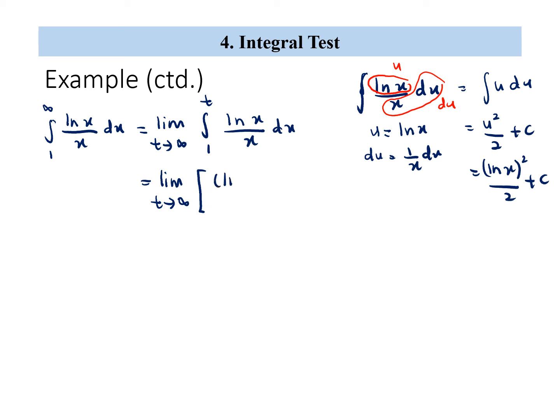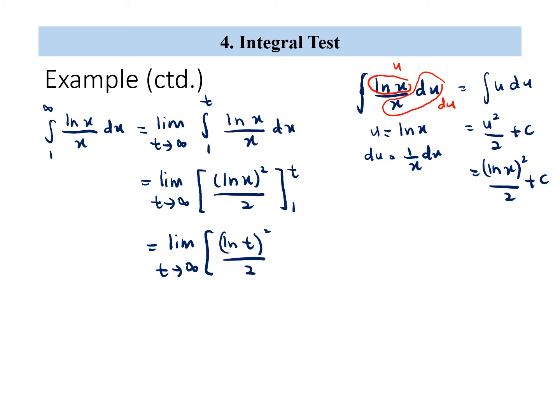We have (ln x)^2 over 2, with the limit from 1 to 2. Substitute x with t, we have (ln t)^2 over 2 minus (ln 1)^2 over 2.